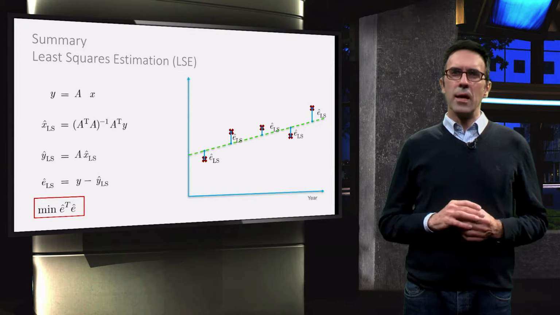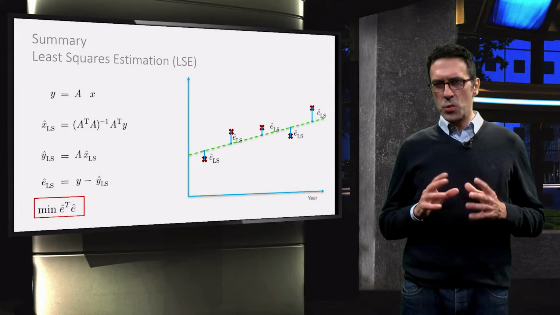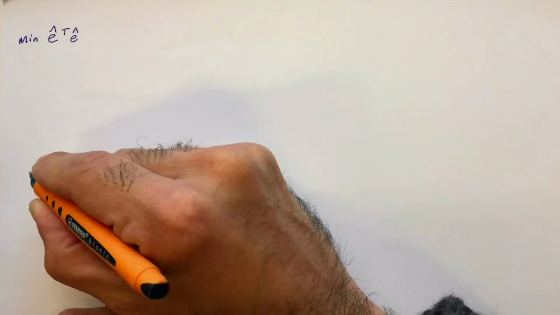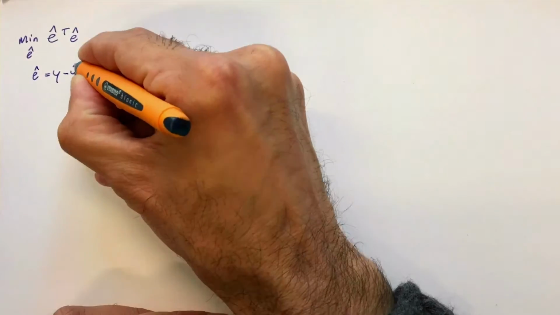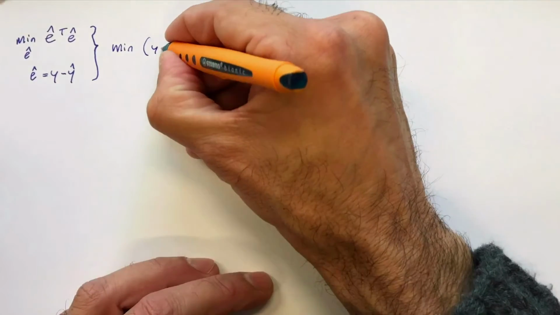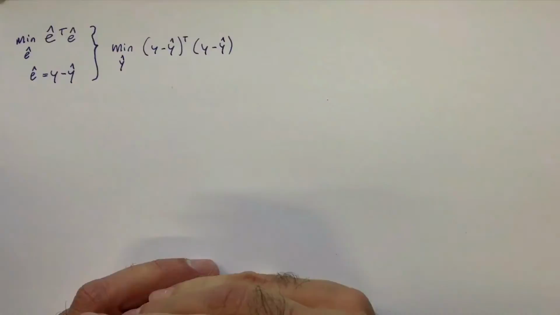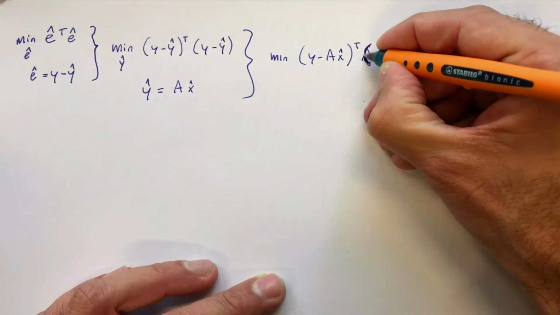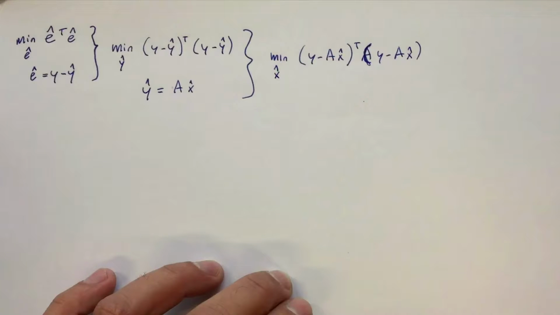Now let's see how this results in the weighted least squares equation. We need to find the value e hat, which minimizes the sum of the squared residuals. However, e hat is the difference between the original observations, y, and y hat. Y hat refers to the value the observations would have if they would fit perfectly to the model.